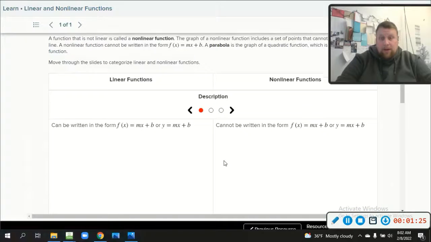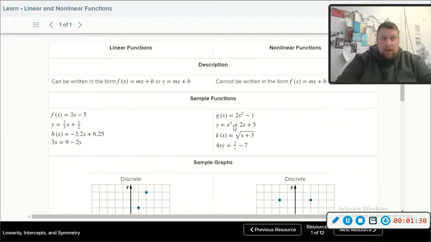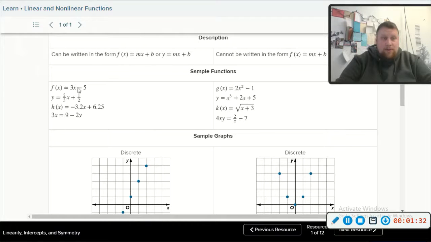So going down here, I'm just going to do show all, because I want you to see them. Some examples are this: f of x equals 3x minus 5. Again, mx plus b, right? It's got that form. 2x plus 1/2, or 2/3 x plus 1/2. Negative 3.2x plus 6.25.